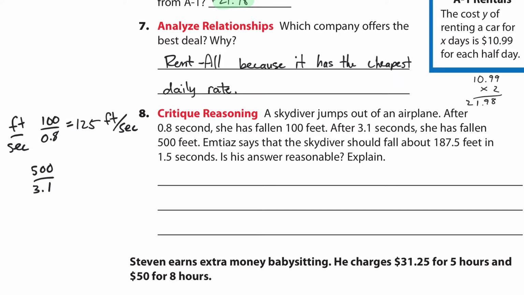That would be 500 divided by 3.1, and that's 161.3 feet per second. And she said she should fall 187 feet in 1.5 seconds. Let's do that one. 187 divided by 1.5 is 124.6 repeating. So is it reasonable? No.